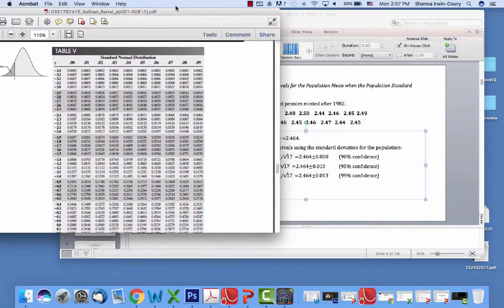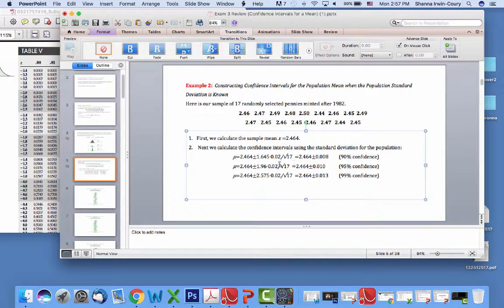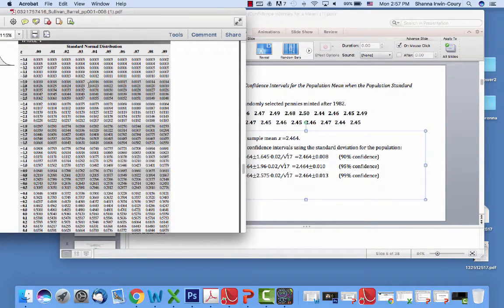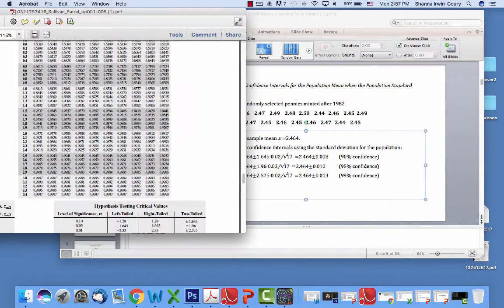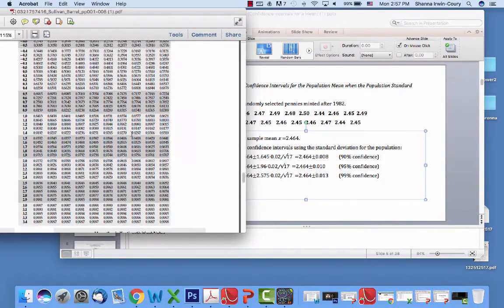Here's the Z table. If I want 90% confidence, then alpha is 10%. Alpha is what's left. So I have 10% over 2, so 0.05. Remember on the T table we looked for the tail up here. On the Z table, we're looking for the tail in here.